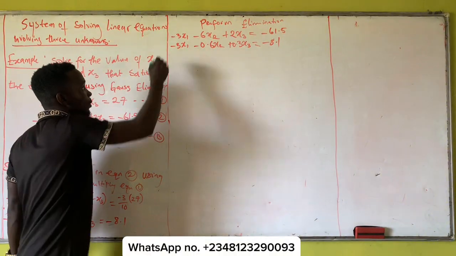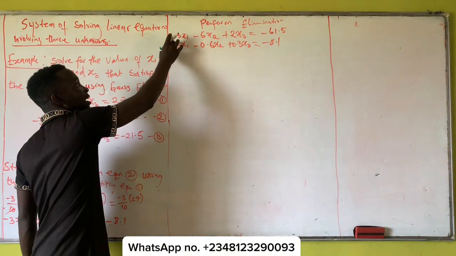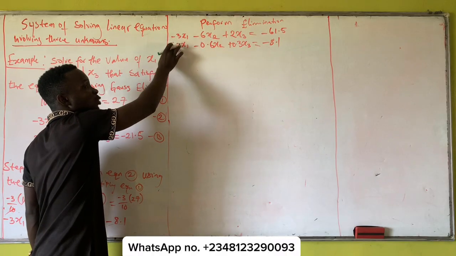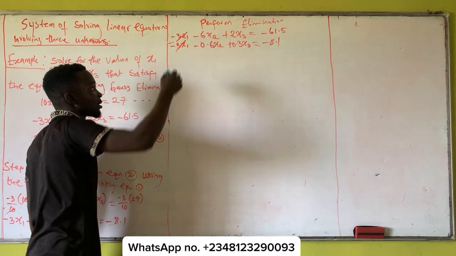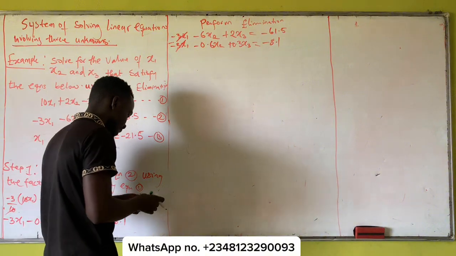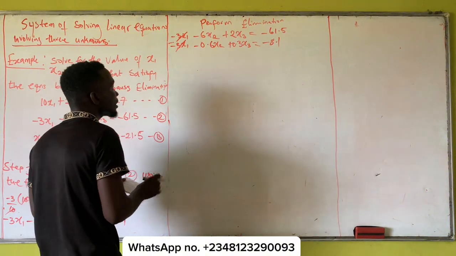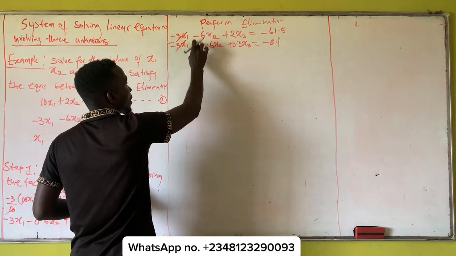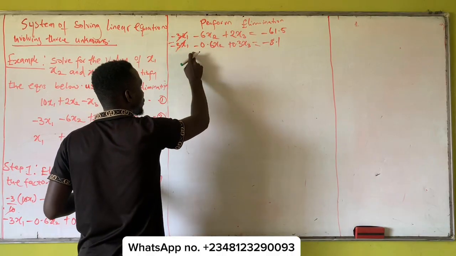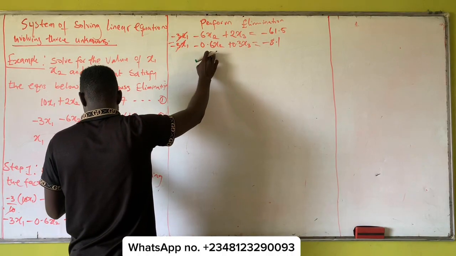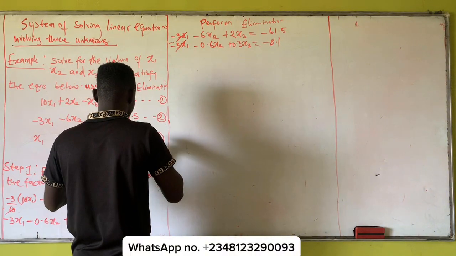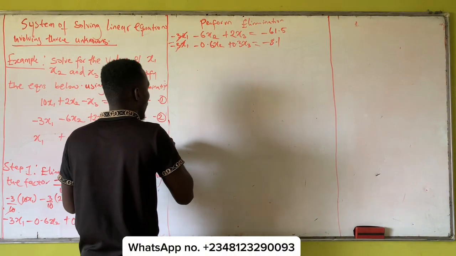You look at this, this is minus, so we subtract. If we subtract, minus times minus will give us plus. Minus 3x1 plus 3x1 will give us 0. That is out. Next is minus 6x2, minus times minus is plus, so minus 6x2 plus 0.6x2 gives us minus 5.4x2.